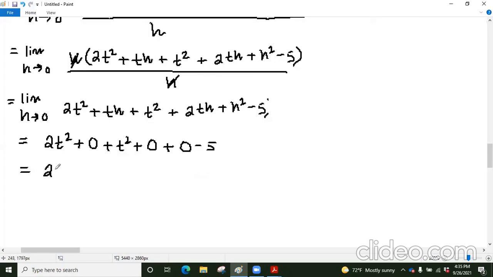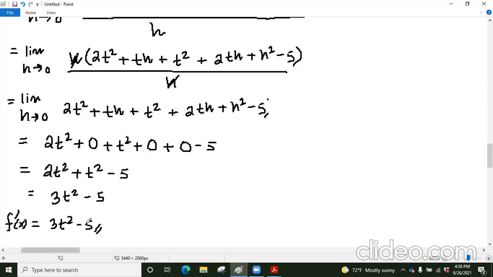So we can say that this is just 2t squared plus t squared minus 5, which I suppose you could just say is 3t squared minus 5. And at this point, this is your derivative. So f prime of x is equal to 3t squared minus 5.